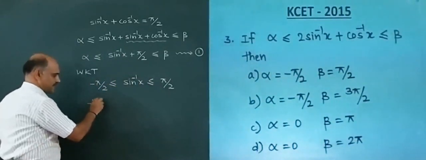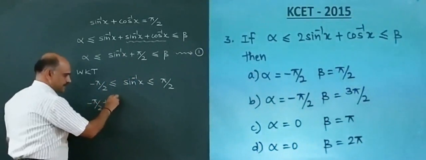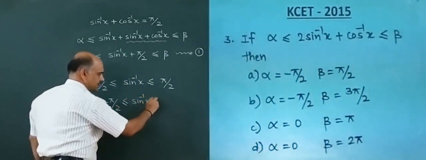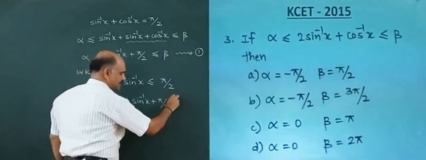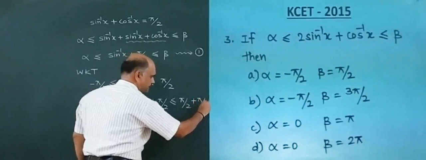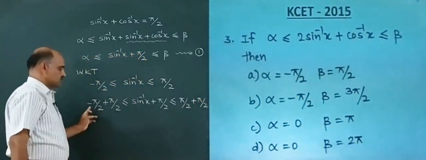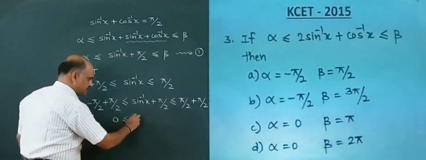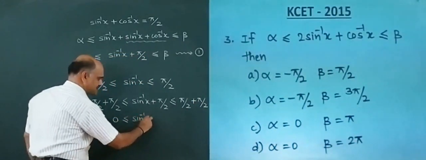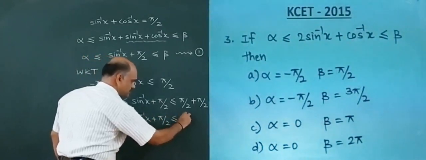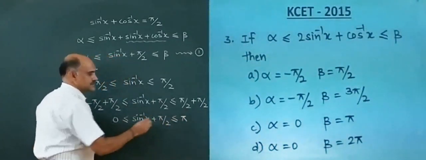So minus pi by 2 plus pi by 2 less than or equal to sine inverse x plus pi by 2 less than or equal to pi by 2 plus pi by 2. So this will be 0 less than or equal to sine inverse x plus pi by 2 less than or equal to pi. Now this is 2.